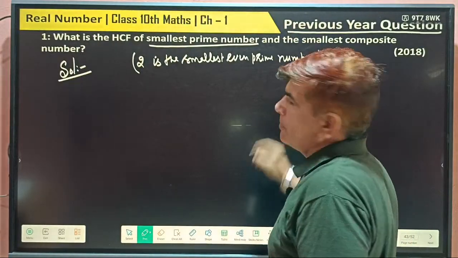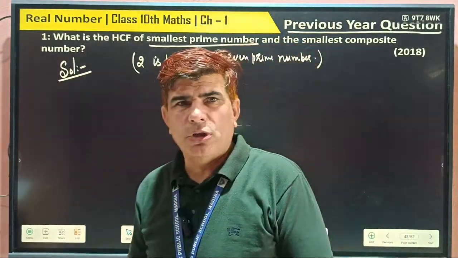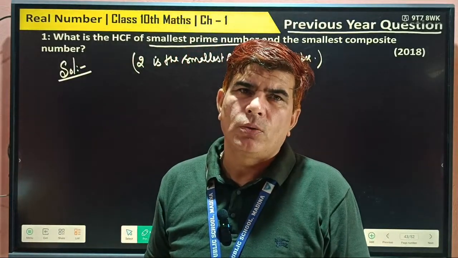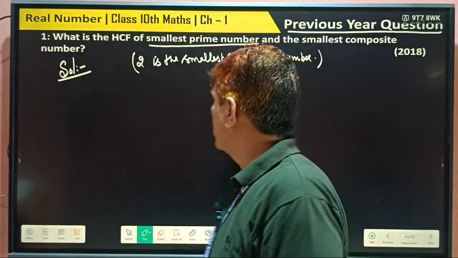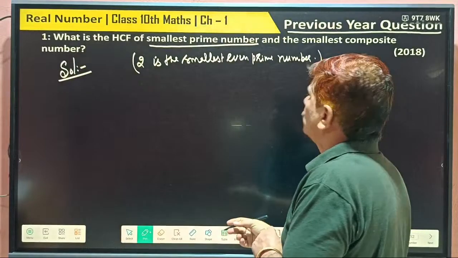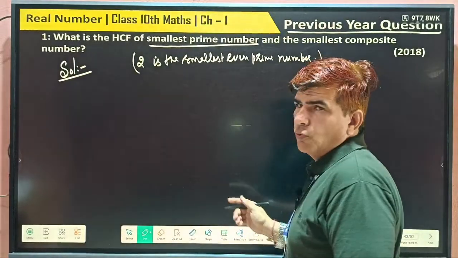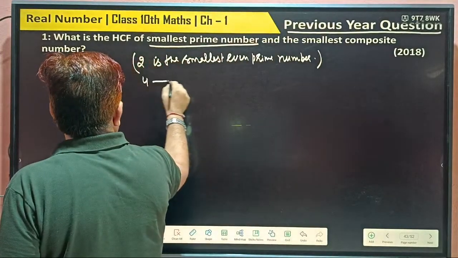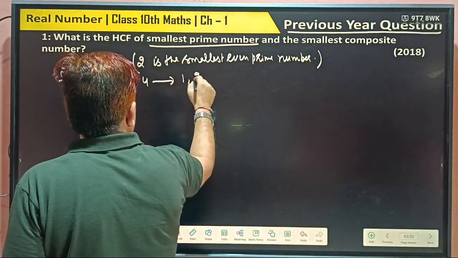The smallest composite number: composite numbers are those numbers having more than 2 factors. 2 has 2 factors, 3 has 2 factors, and 4: 4 has factors 1, 2, and 4.